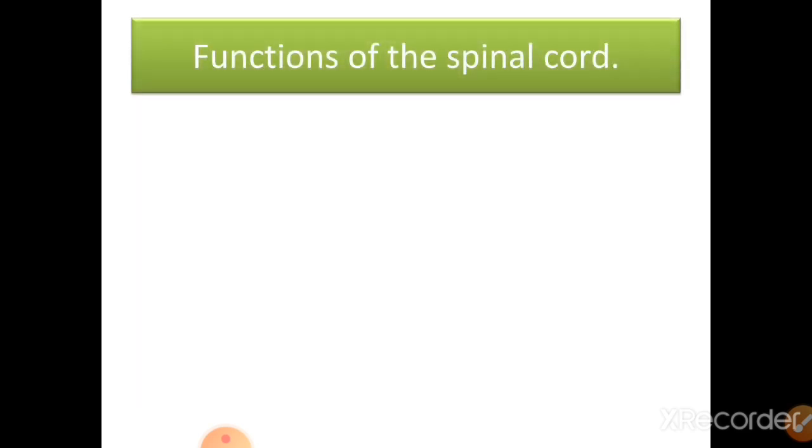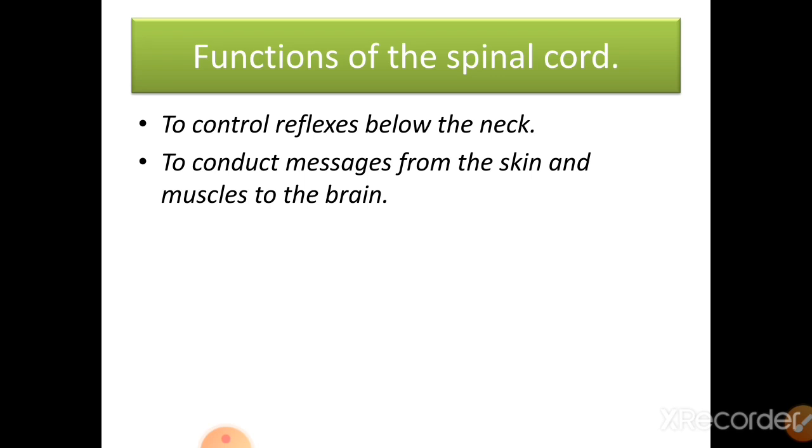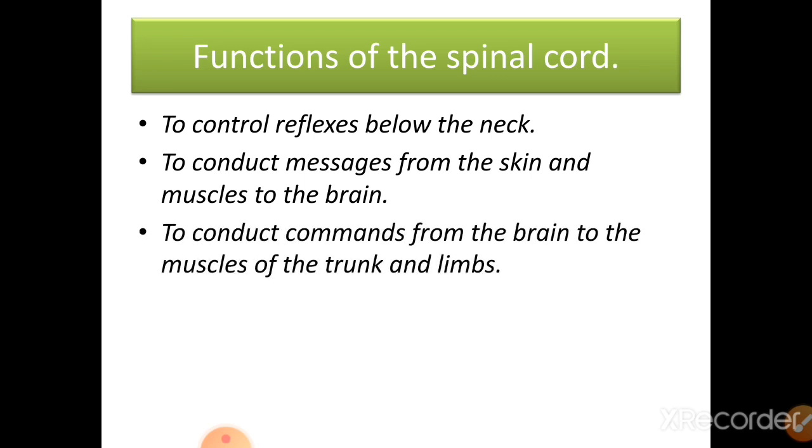We now come to the functions of the spinal cord. As I told you, it acts as a connection between your brain and other parts of the body. Its functions are to control reflexes below the neck, to conduct messages from skin and muscles to the brain, and to conduct commands from the brain to the muscles of the trunk and limbs.